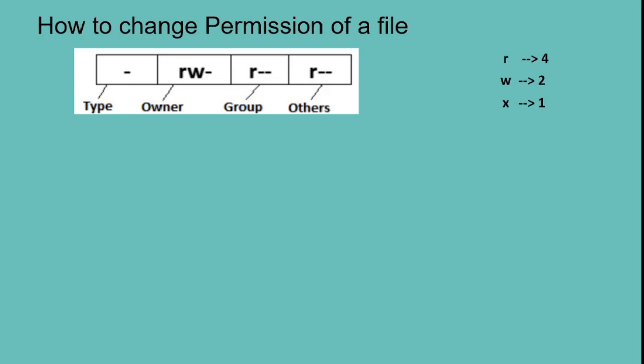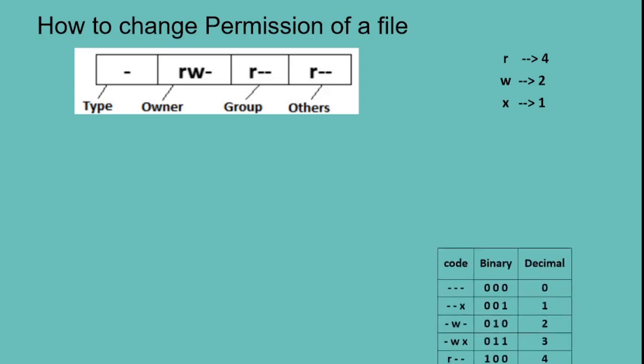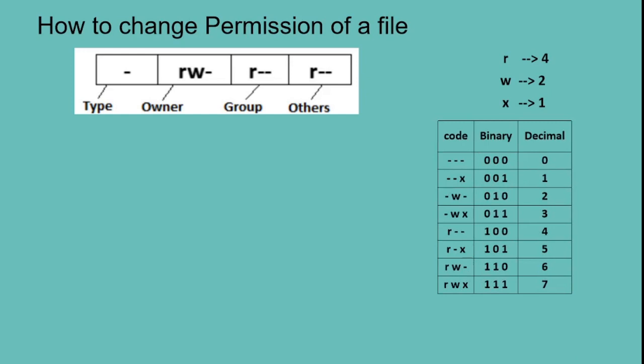But how has Unix assigned these decimal codes to access modes? Let's understand that. Look at the table. There are 3 columns in the table. The first column shows the access modes, the second column shows the binary code of those access modes, and the third column shows the decimal code.